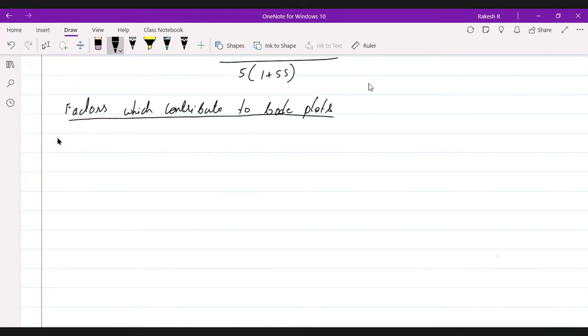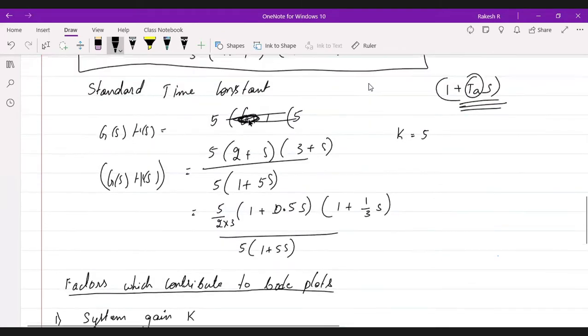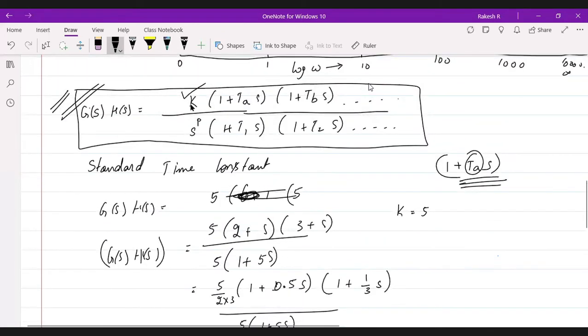The first is the system gain K. This is one of the major factors contributing to the system here.